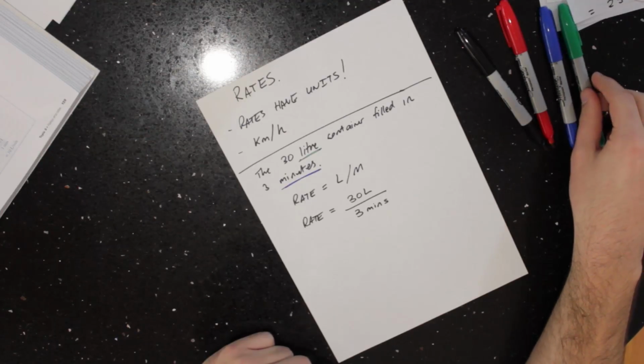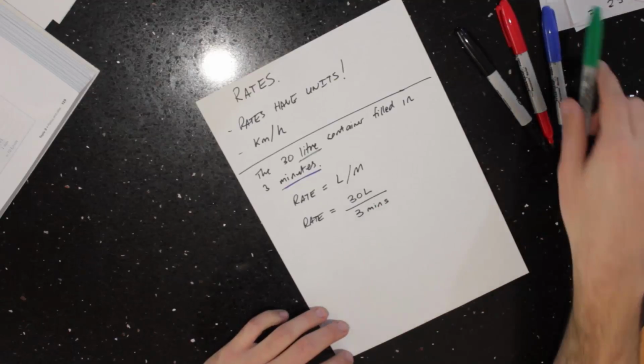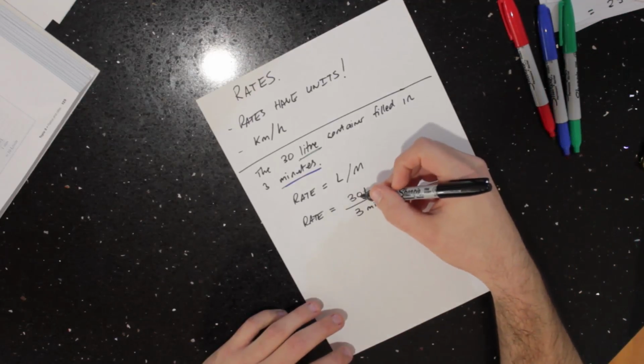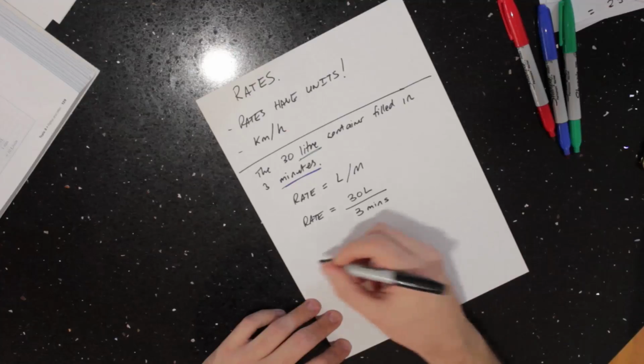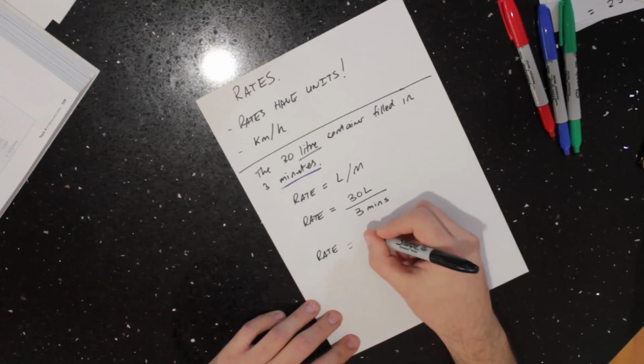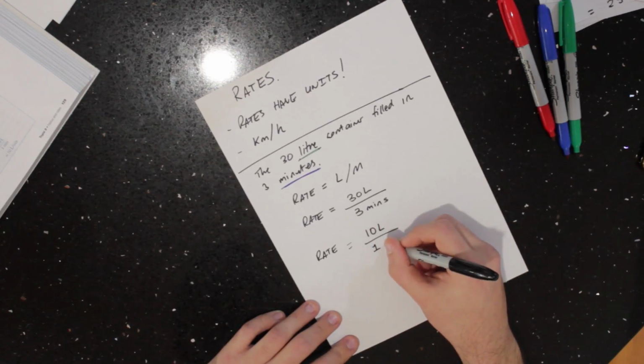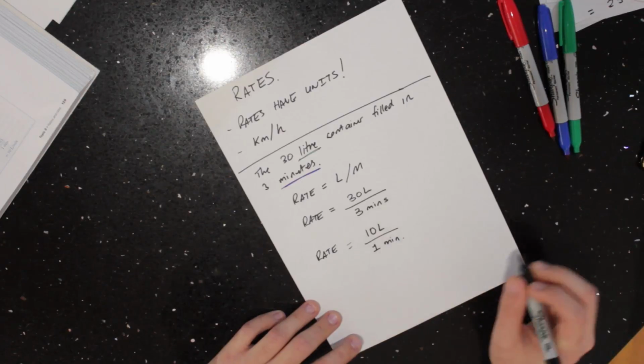But as mentioned before, a rate is in its simplest form when it is per 1 unit. The way we can do this is we can look at, well, 30 can be divided by 3. So let's have a look at that. 30 divided by 3 is 10 litres per 1 minute.